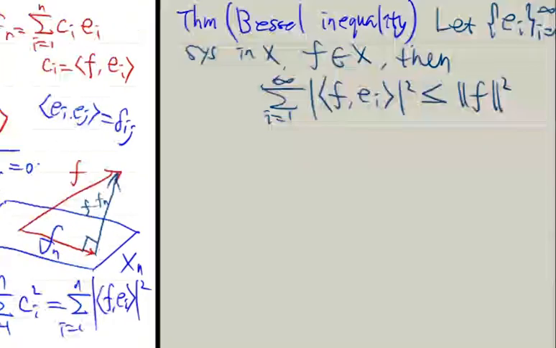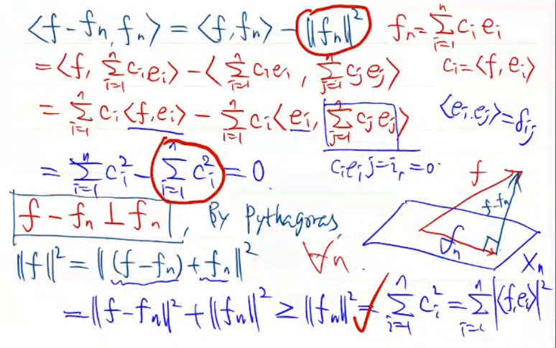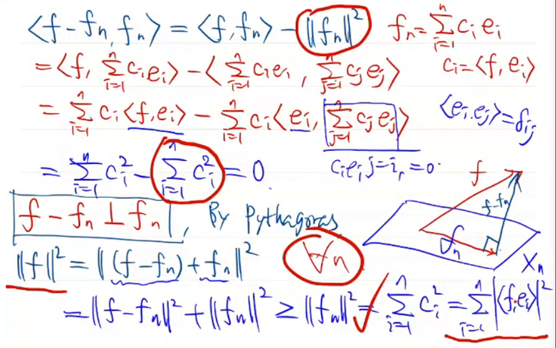Now we have proved this inequality because we have proved that for every n, the sum of the first n terms of the squares of the inner products of f and ei is not greater than the square of the norm of f.